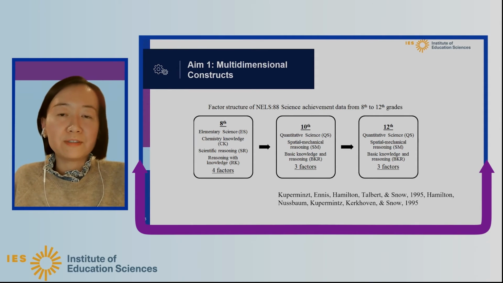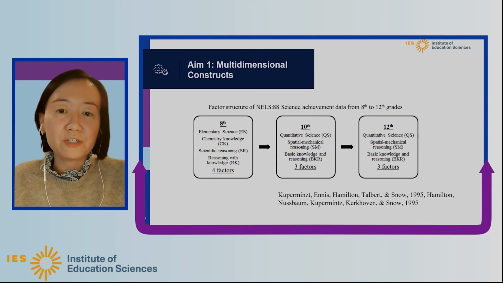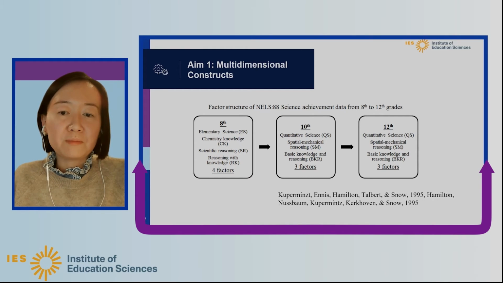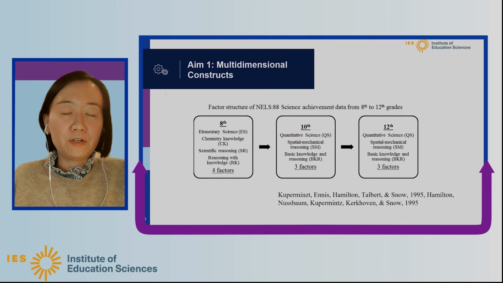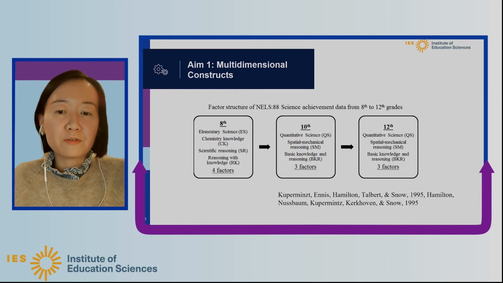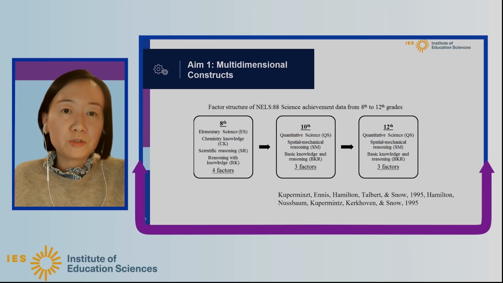An earlier series of dimensionality analyses on this NELS 88 science achievement data reveals that science achievement is multifaceted, and the factor structure can actually change over time. As shown in this graph, a 4-factor structure first emerged, and then the factor structure appeared to simplify and stabilize in the 10th and 12th grade, likely due to greater curriculum standardization.